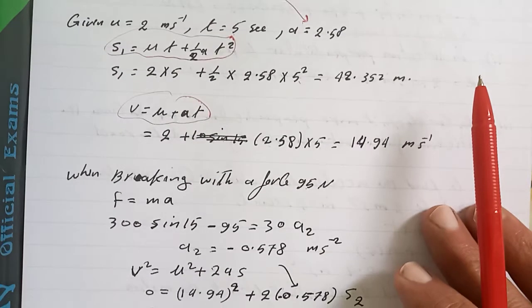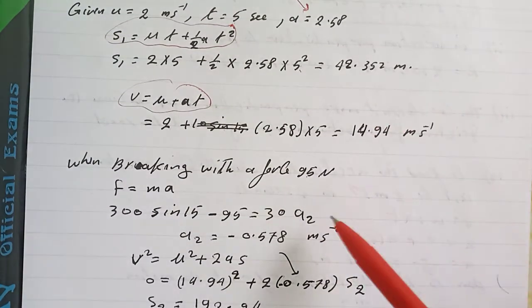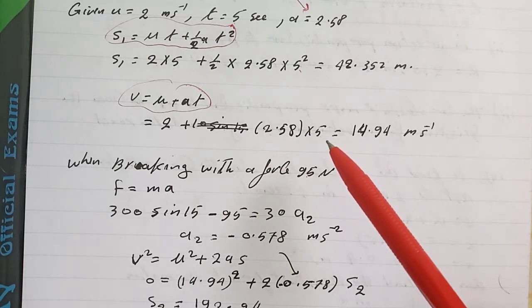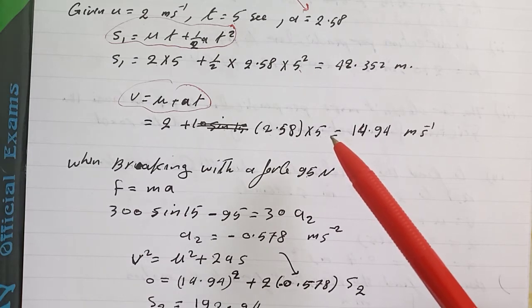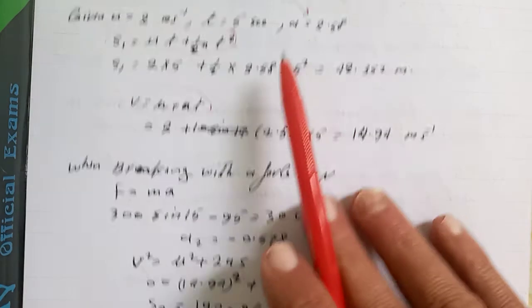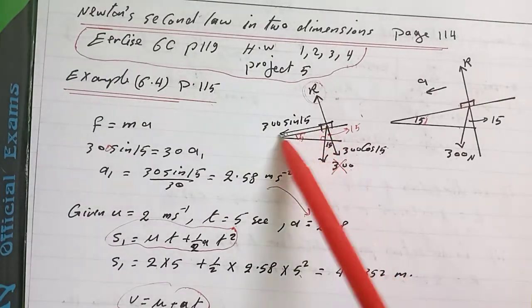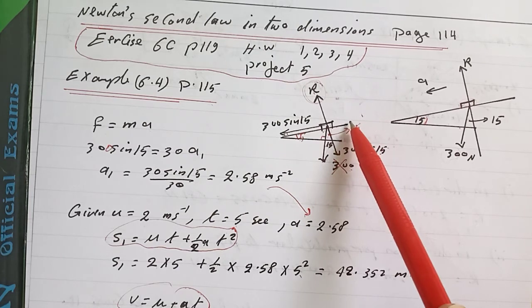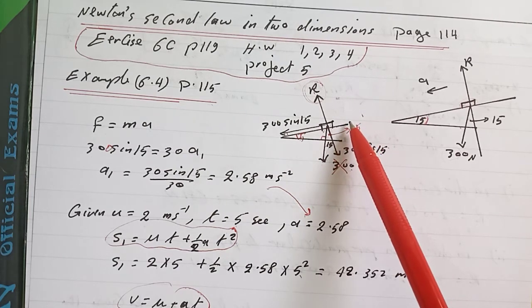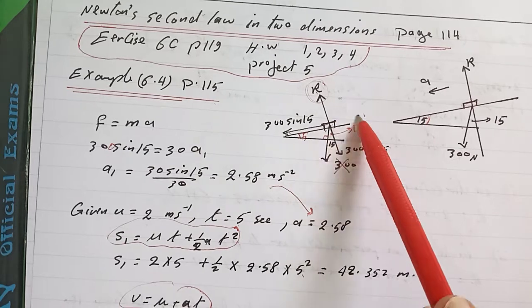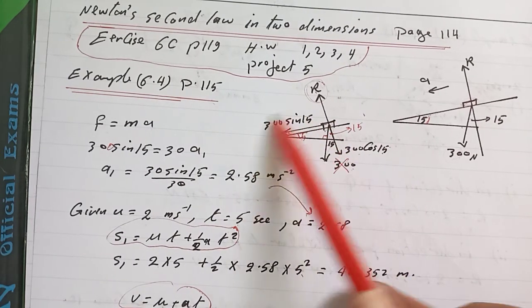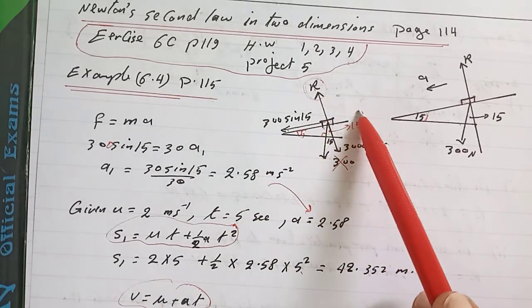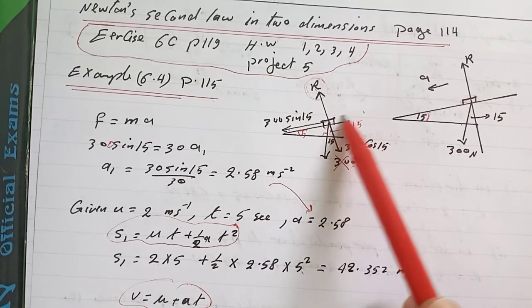When braking with a force of 95, when she applied her feet, now she has a resistance force. This force is opposed by another force here, which you can say is R, for example. The resultant force is this force minus this force. This force will be 95.